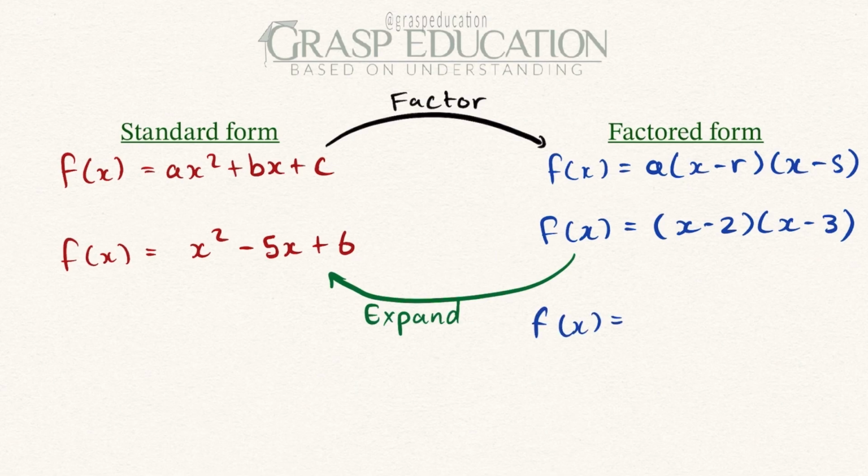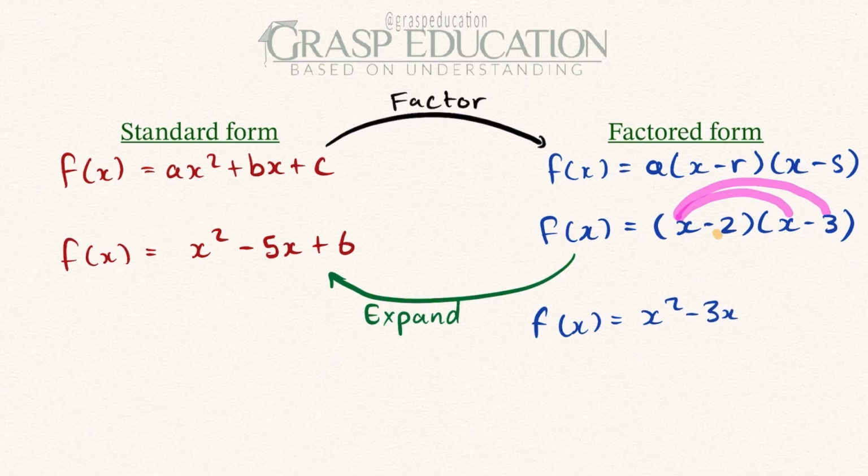f(x) equals, now I would have to multiply these brackets out, which means I take every term in the first bracket and I multiply it to every term in the second bracket. So x will multiply x and become x². x will also multiply negative 3 and become negative 3x.